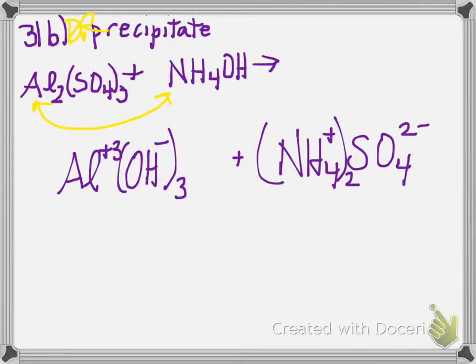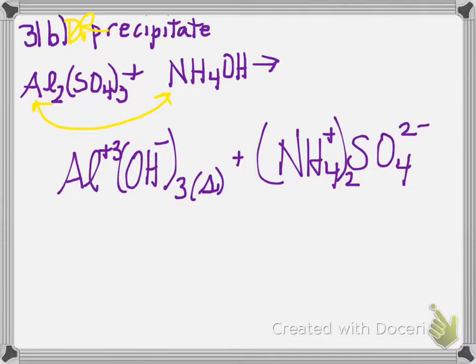So again, I'm going to use my rules here. For aluminum hydroxide, I'm going to do rule number 5, which says most are insoluble. Exceptions are alkali metals or ammonia, and neither of that. So I expect that this is my solid.